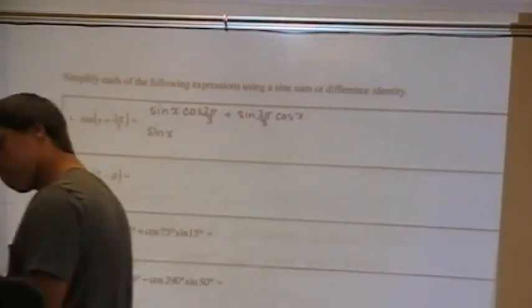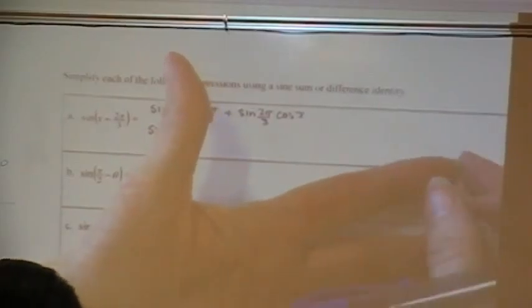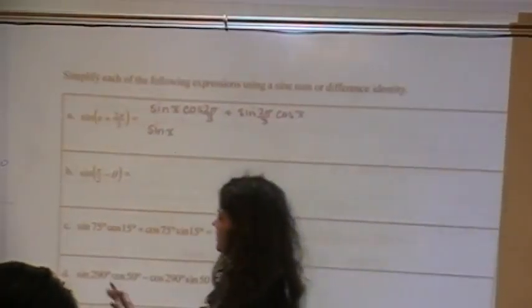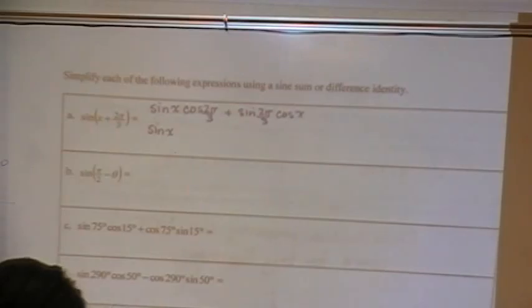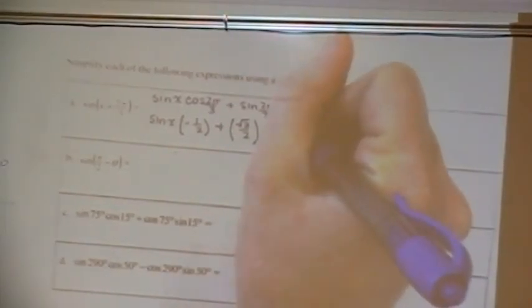But cosine of 2 pi over 3, we did a minute ago. 2 pi over 3 is a 60-degree angle. It's this one. So it's going to have the same values as the 60, except it's in quadrant 2. So cosine is going to be negative half. Plus, my sine value is square root of 3 over 2, and cosine I can't do anything about because it has an x in it.